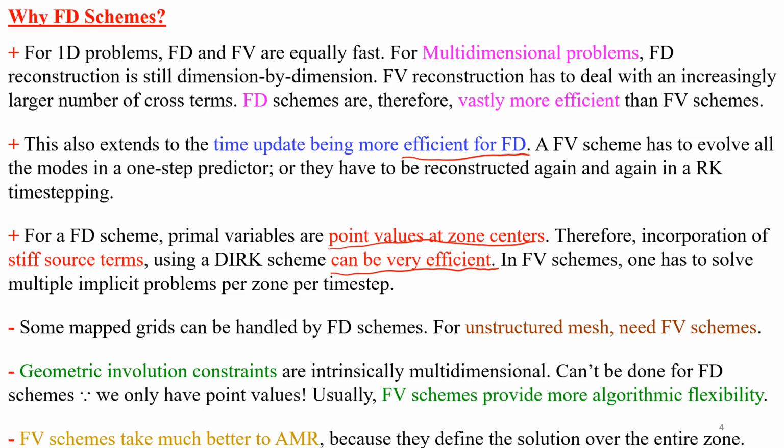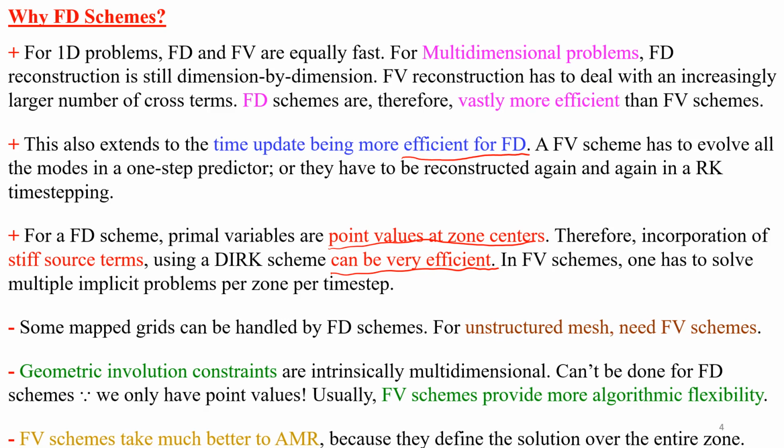Now, there's no such thing as a free lunch, which basically means that there are also some drawbacks associated with finite difference schemes. Namely, if you have some sort of gentle enough mapped grids, you can accommodate finite difference schemes to them quite easily. However, if you have a truly unstructured mesh or a very complicated mesh, you will definitely need finite volume schemes.